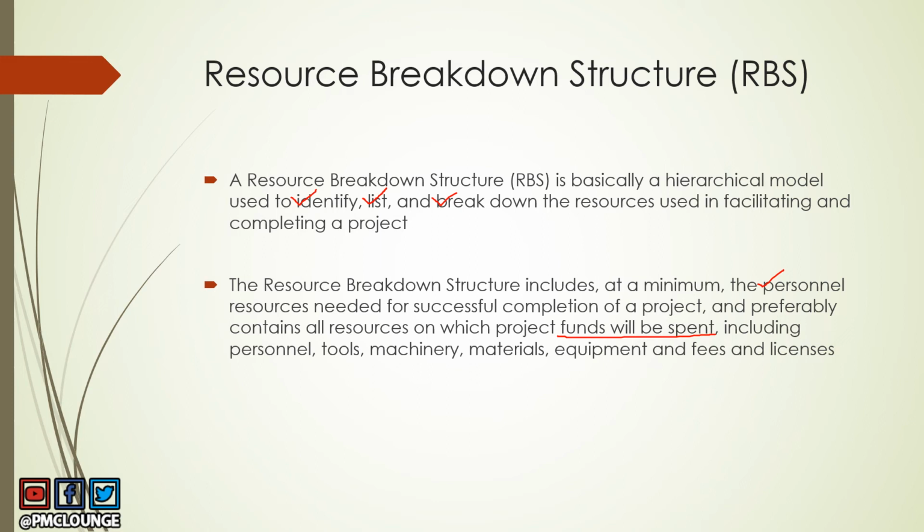So what could these resources be? These could be personnel, which is human resource. These could be tools. You've got machinery, you've got materials, you've got equipment, fees, licenses. All of these are resources which you will be listing down in your resource breakdown structure.